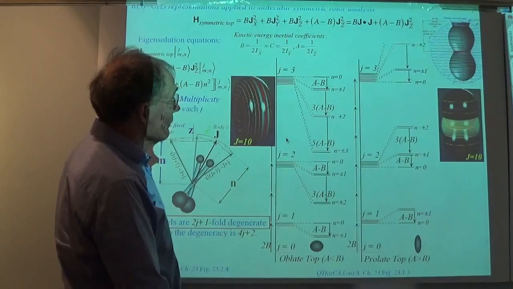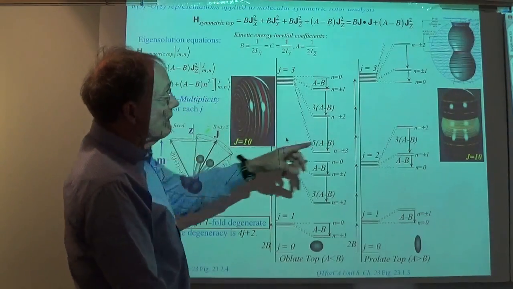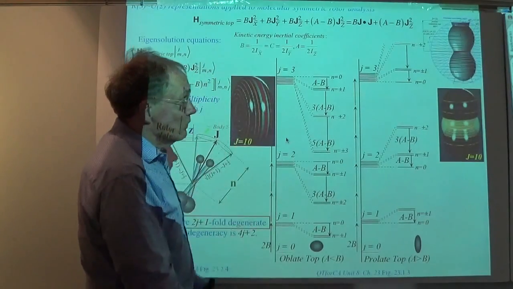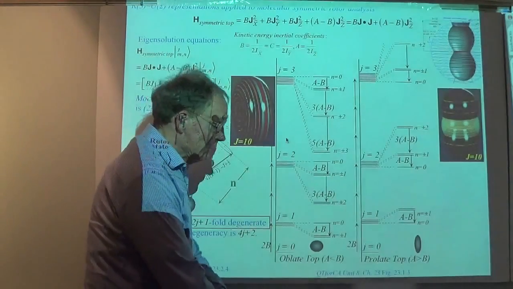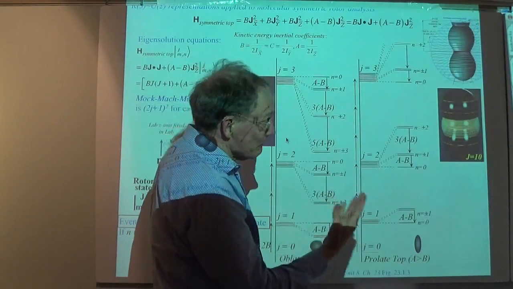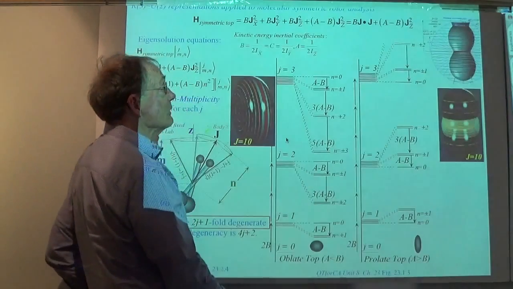That's sort of an opposite in terms of the values of the parameters to this one, which would be an object that was elongated, say, some kind of linear molecule that was of a structure that could allow it to be called a symmetric top.